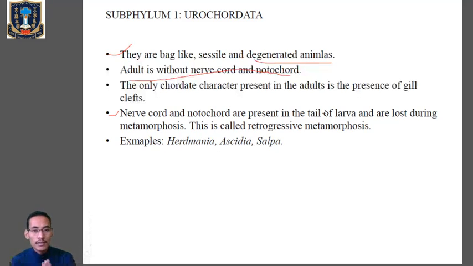Since the notochord and nerve cord are lost when they change from the larval stage to the adult phase, this type of metamorphosis is called retrogressive metamorphosis, because the structures which were present in the larval stage have been removed in the adult stage. Next, the only chordate feature that is present in Urochordata is the presence of gill clefts. Examples are Herdmania, Ascidia, and Salpa.